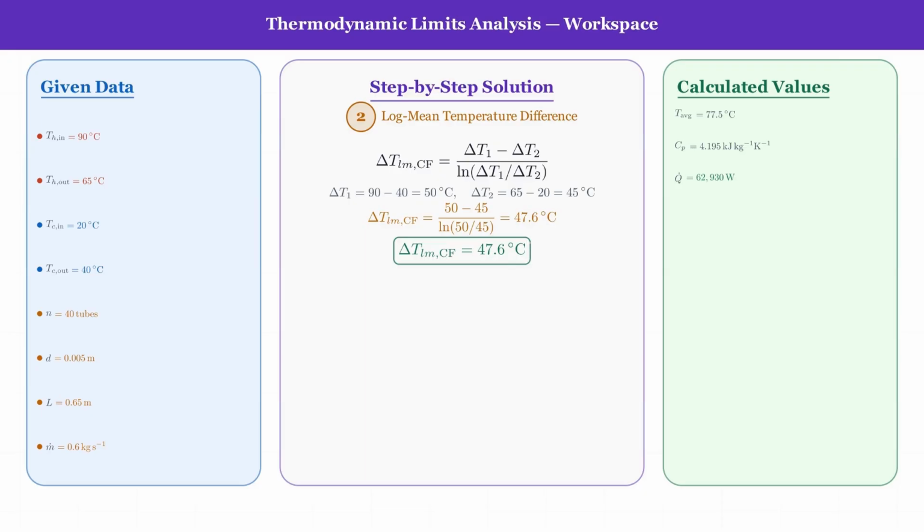Notice how close these two terminal differences are. When delta T1 and delta T2 are nearly equal, the LMTD approaches the arithmetic mean, and 47.6 is almost exactly the midpoint of 50 and 45. This tells us the temperature driving force is remarkably uniform from one end of this radiator to the other. That is the signature of a well-balanced heat exchanger design.